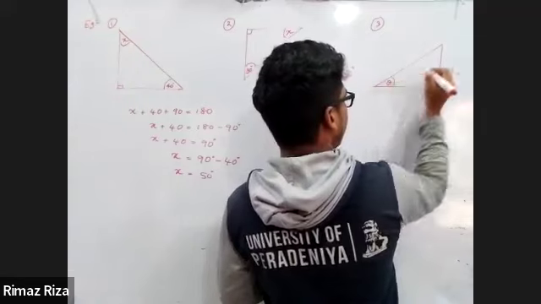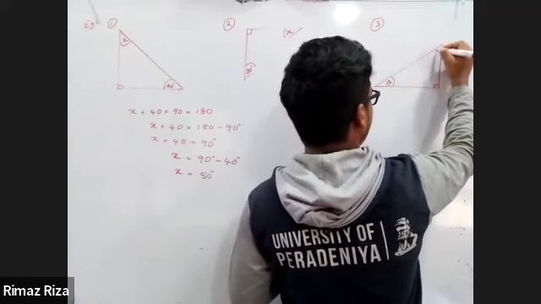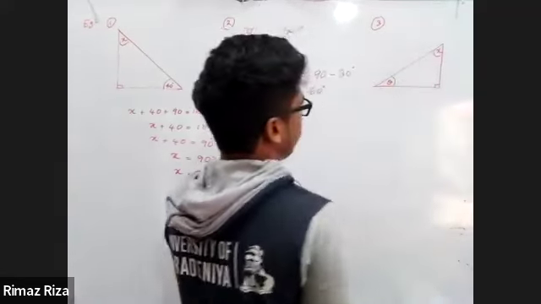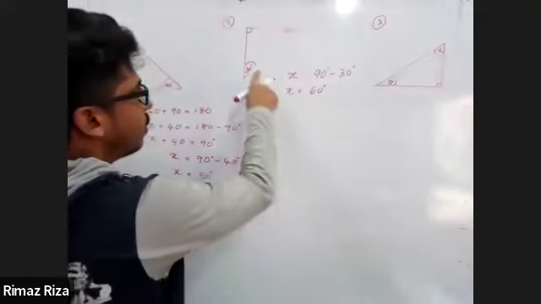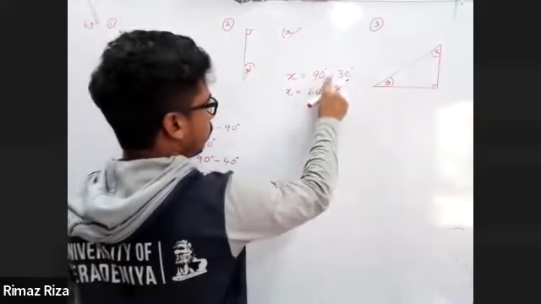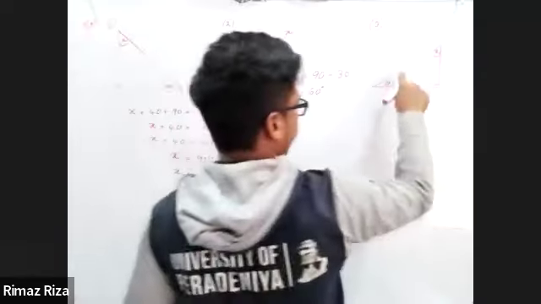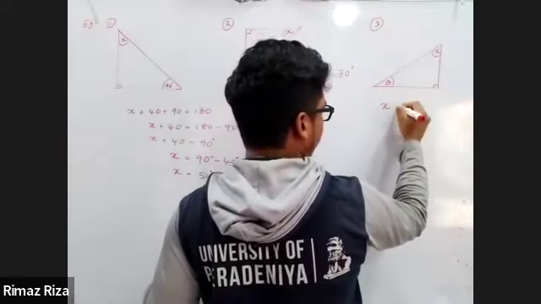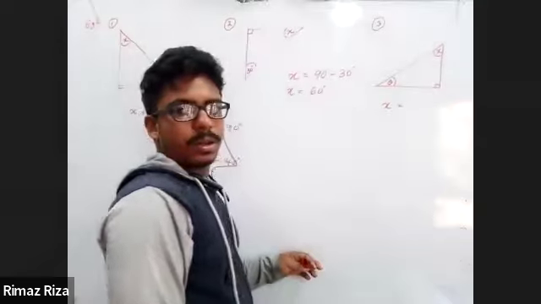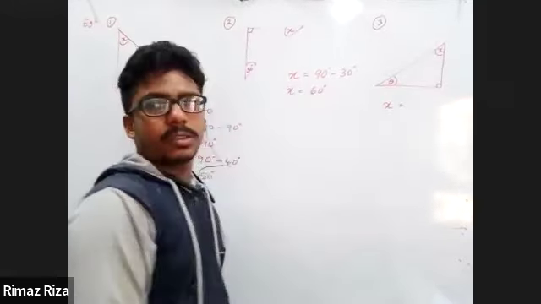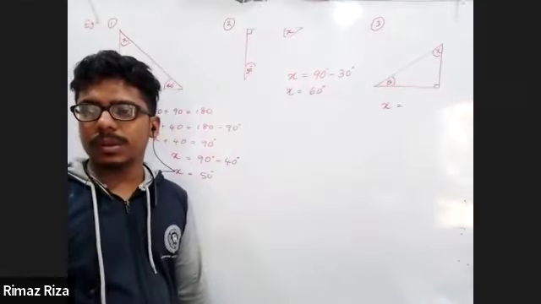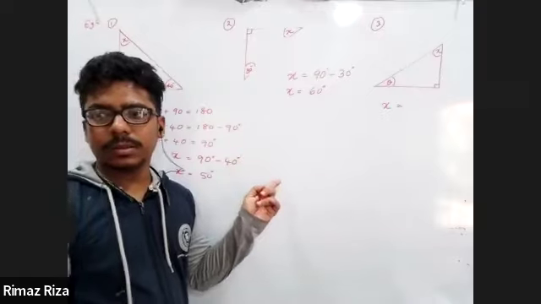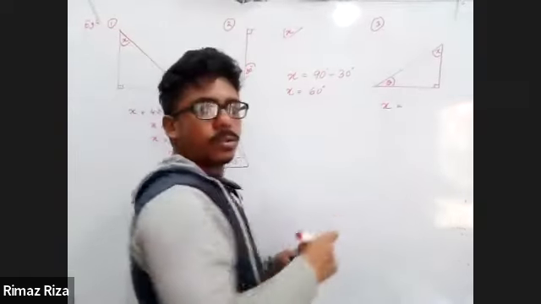This angle is theta. Then what is x? So here, if this angle is 30, x is equal to 90 minus 30. So if this angle is theta, therefore x equals to what? Ibrahim. So x is equal to what?